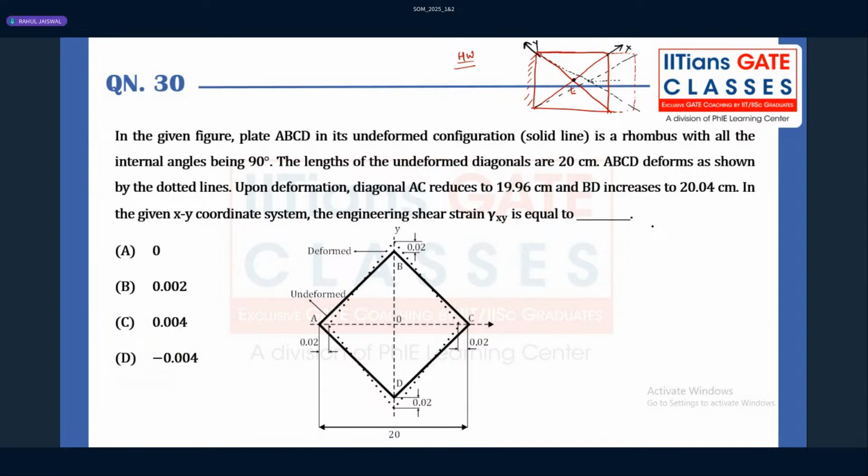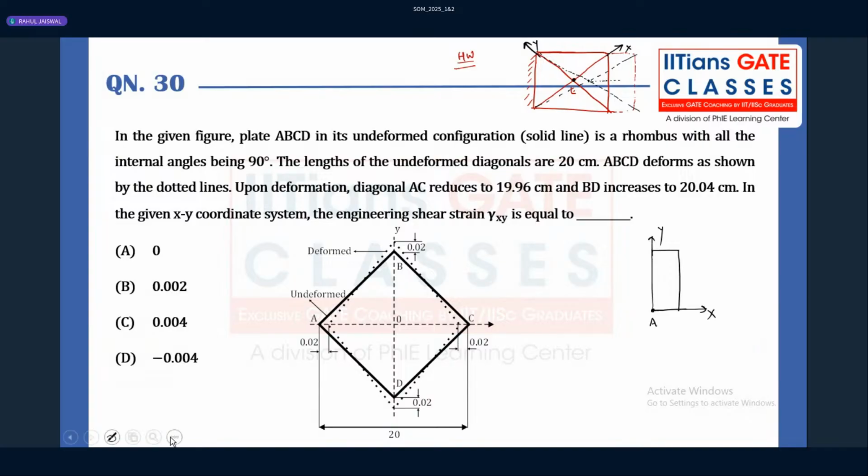Whenever we are taking a numerical of shear strain, at a particular point, if they are asking shear strain, we need to see the line segments or edges along that particular point. Let's suppose there is a rectangle section, and x and y axis is given like this.